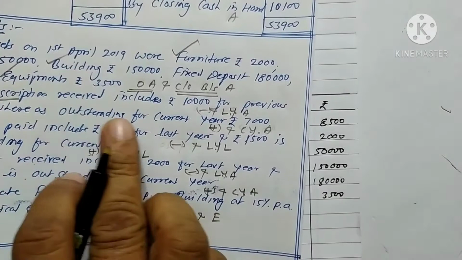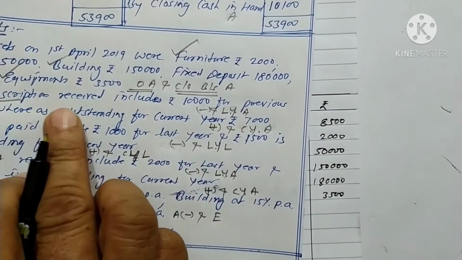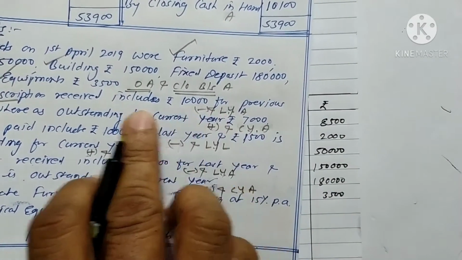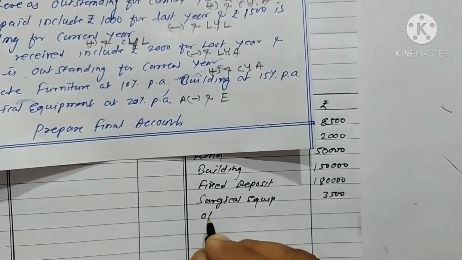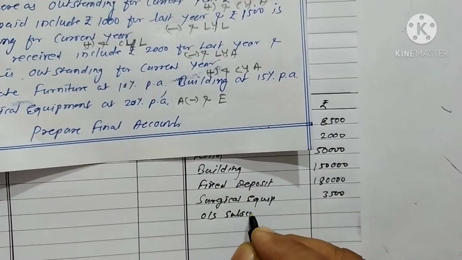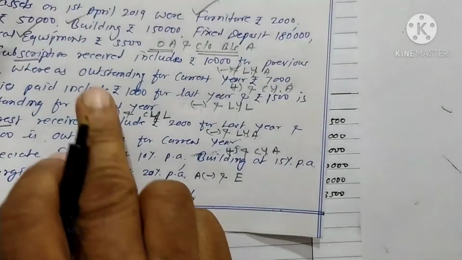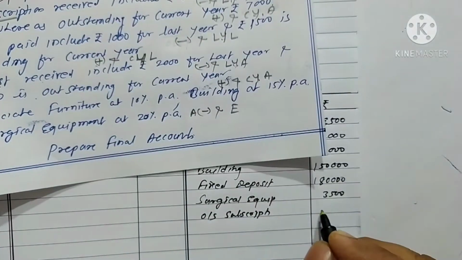Now next, here outstanding subscription of last year will appear on the asset side. Outstanding subscriptions, rupees 10,000.